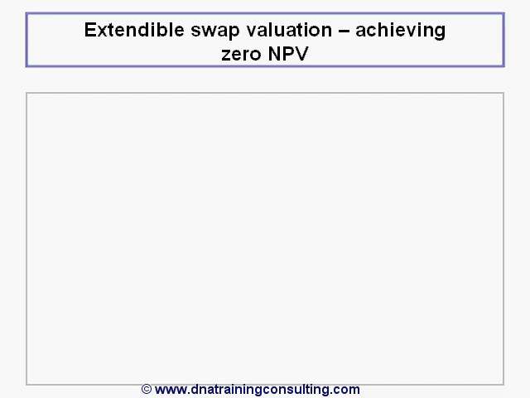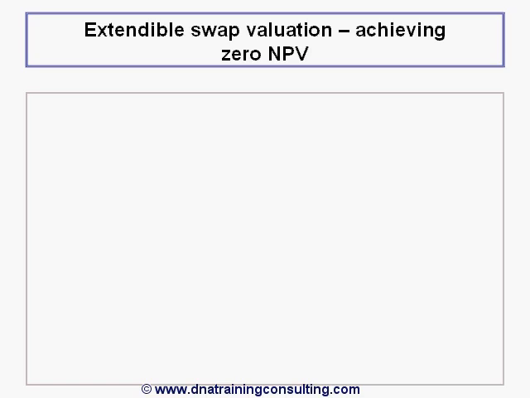Assuming no profit to the dealer, we need to structure a zero NPV transaction, knowing that the swaption, like any option, has a positive NPV in favor of its holder, i.e. in favor of the borrower.